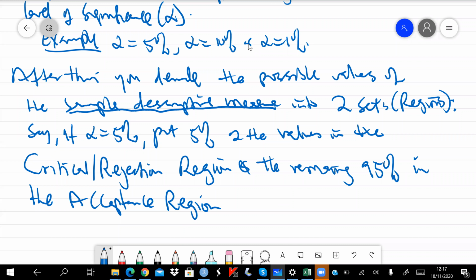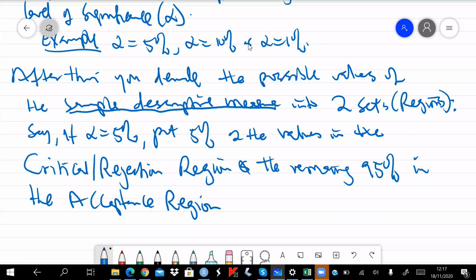So after you choose the level of significance, you divide all the possible values of the sample measure into two sets, where one set will be called the critical or the rejection region, and the other one will be called the acceptance region.